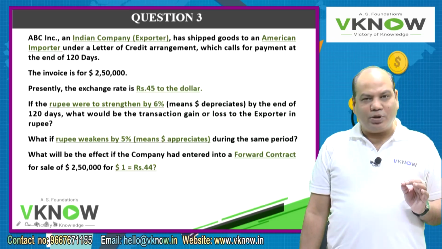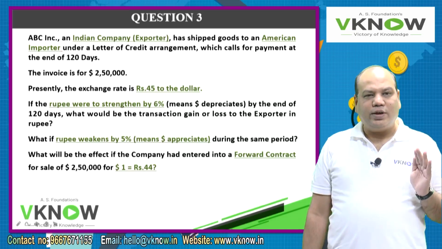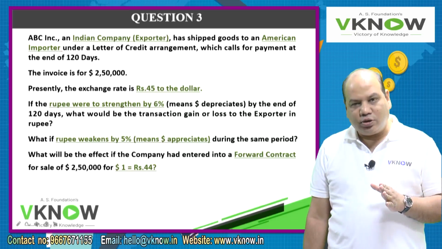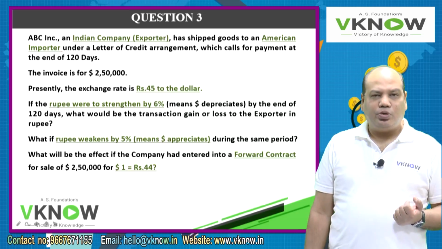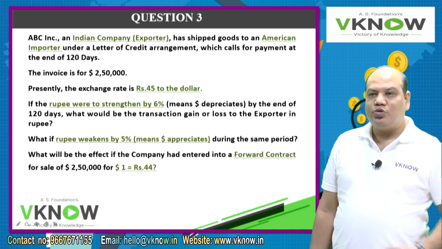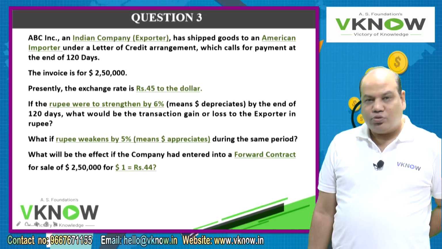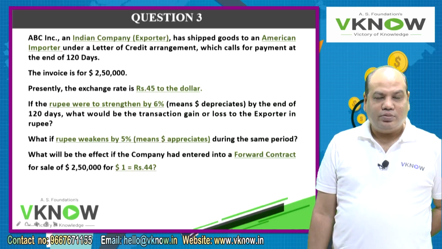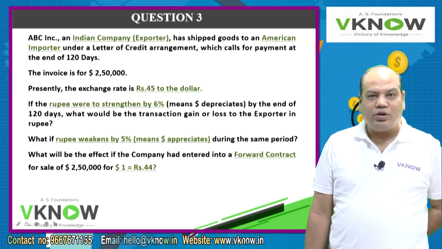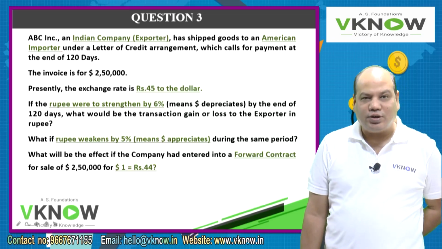So first a simple question. Who is exposed to exchange risk? The Indian exporter or the American importer? Who is exposed to the risk? So your answer will be Indian company. The exporter is exposed to exchange risk because the invoice is in US dollar, in foreign currency.